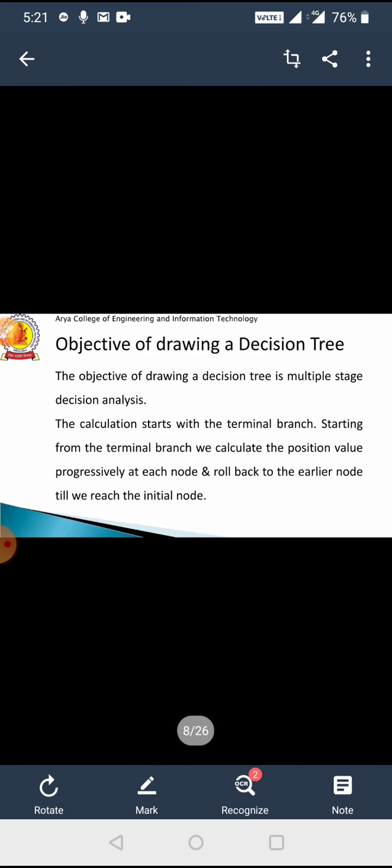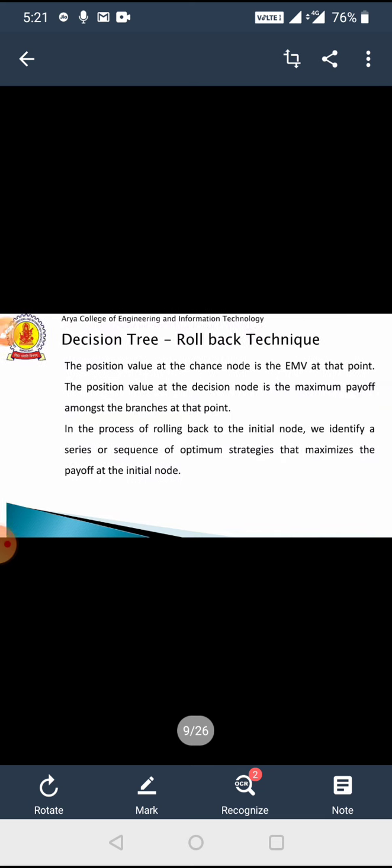Objective of drawing a decision tree: the objective is multiple-stage decision analysis. The calculations start with the terminal branches. Starting from the terminal branches, we calculate the position value progressively at each node and roll back until we reach the initial node.